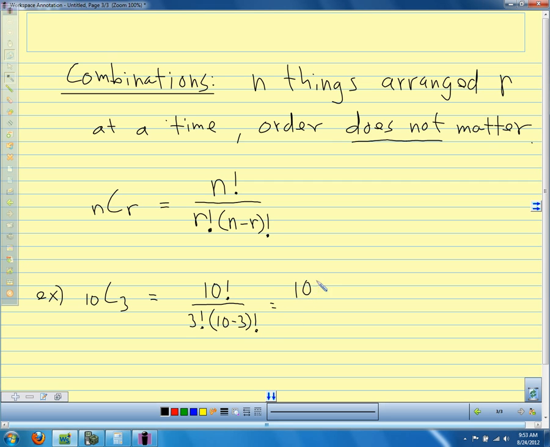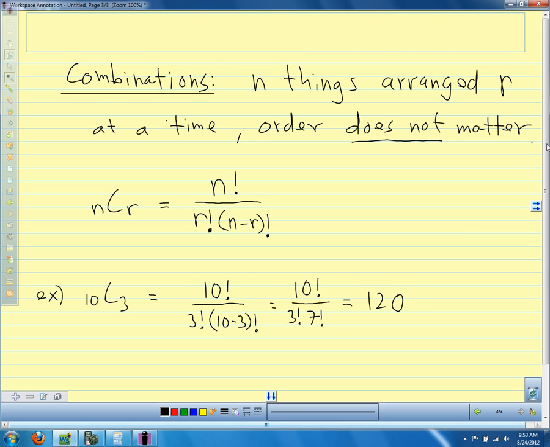I'll rewrite that, 10 factorial over 3 factorial times 7 factorial. And if I calculate this out, I end up with 120.